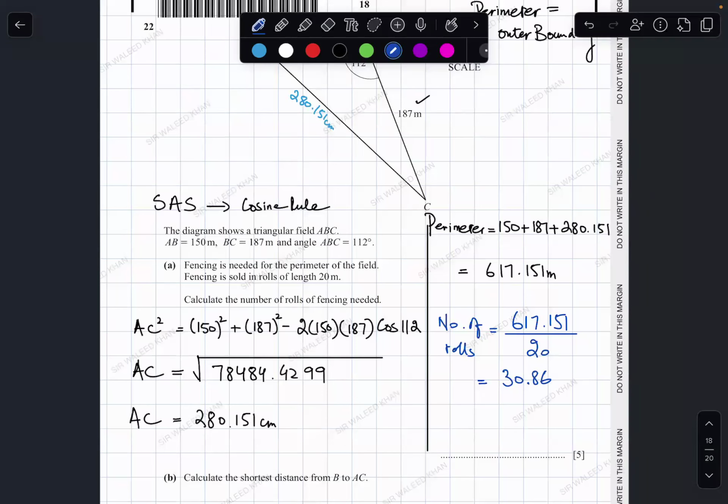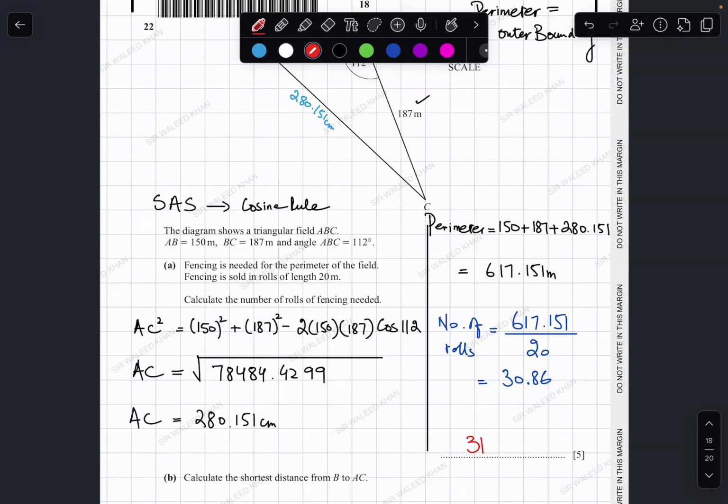Now, obviously, nobody is going to sell a half roll or a quarter, 3/4 of a roll. So you have to get the upper side of this, right? So you have to round it up, 31 rolls to complete the fencing. If you buy 30 rolls, you will be short on some space, right? Not the whole area will be covered. So you have to round it up. 31.